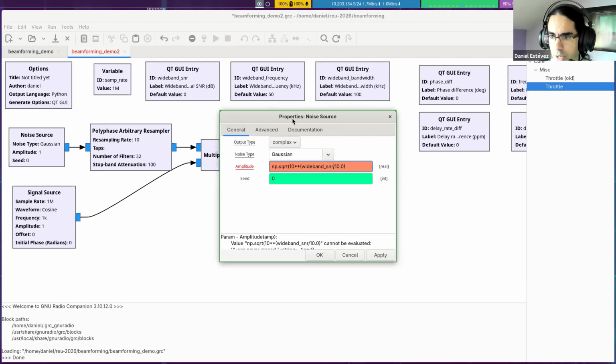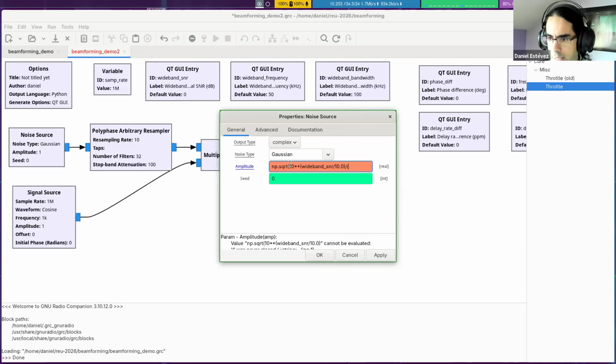And the definition for SNR we are using today is basically the power of this noise source divided by the power of this other noise floor in 100 kilohertz. That will be much easier to understand when I run this, and we can see it on the spectrogram, and we will understand why I'm making this choice for the definition of the SNR.